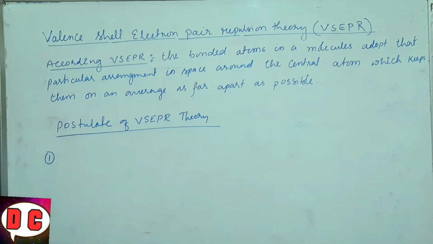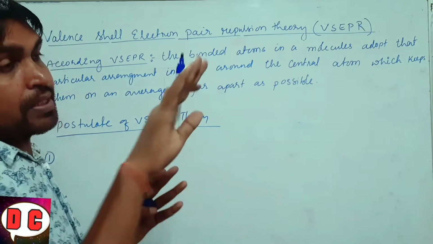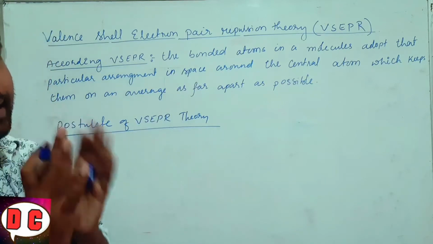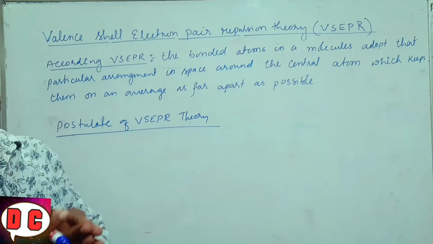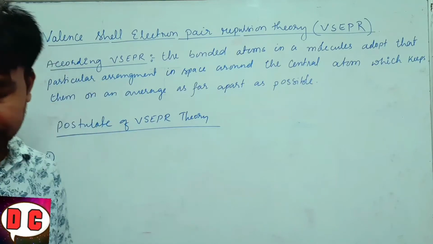Postulate number 1: According to VSEPR theory, it is the valence electrons, the electrons present in the outermost shell, that determine the shape of the molecule.